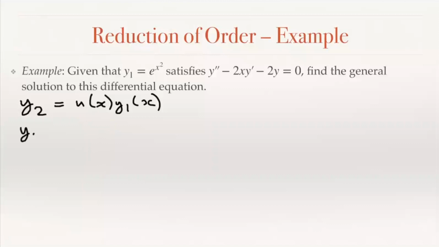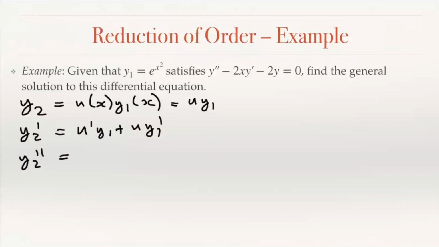So what is y2 prime by the product rule? First, let's simplify this. Let's just write u times y1. By the product rule, this is u prime y1 plus u y1 prime. And then if we take the second derivative, the derivative of this, what is that?